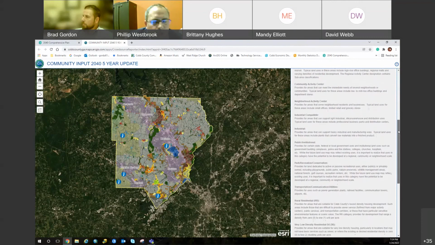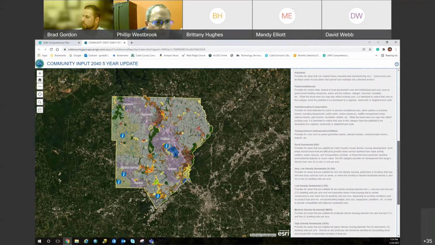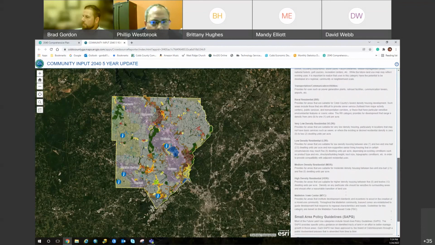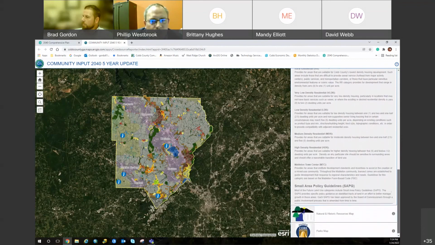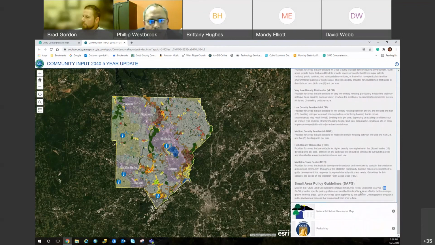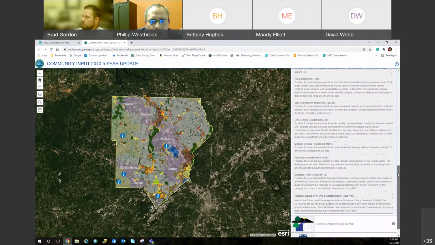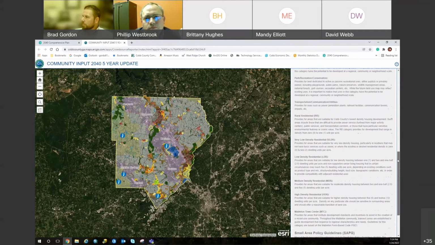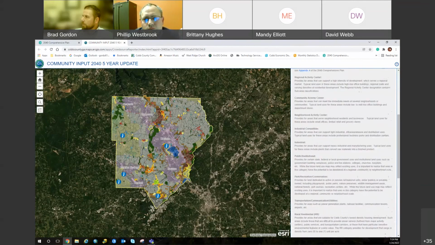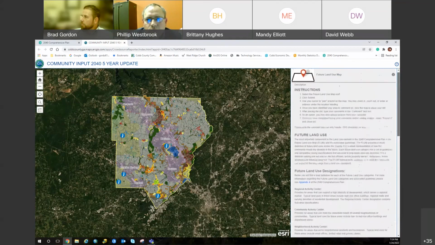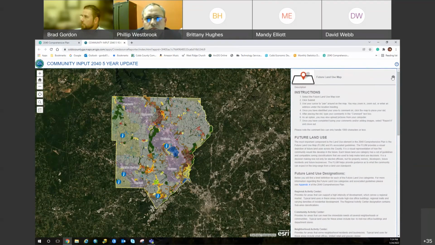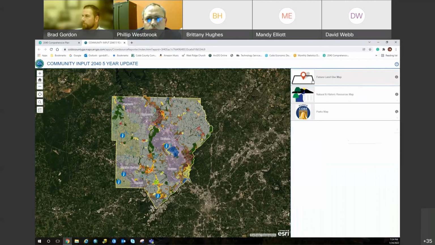It explains what all the different future land use categories mean, whether it's activity center, parks and rec, conservation, or any of the residential categories. All right, so then you can just click that again to close that window.